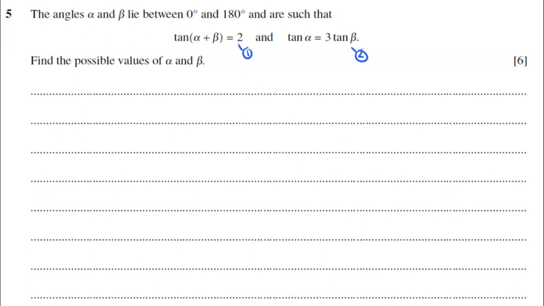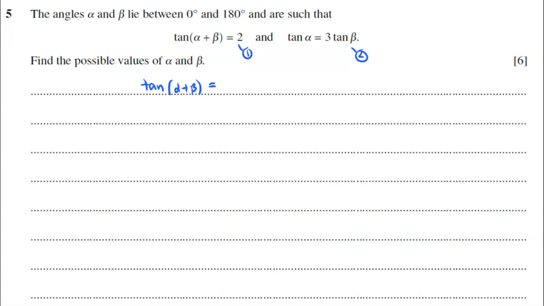The tan with the alpha plus beta on the inside is causing us a lot of problems, but we know a trigonometric formula that's going to help us with that. That should be the first thing that we do. We take the tan of alpha plus beta and convert it into a form where we don't have alpha plus beta.